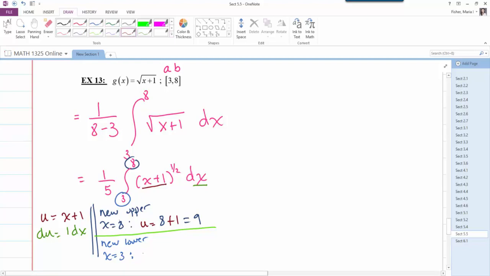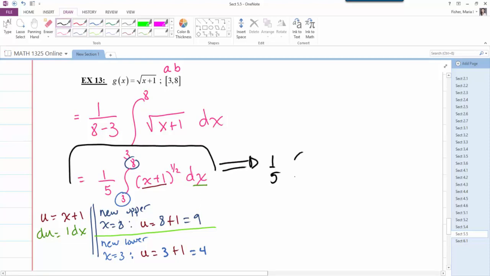Therefore, we're looking at u equal to 3 plus 1, and 3 plus 1 is going to equal 4. So this here is going to become 1/5 times the integral from lower limit of 4 to upper limit of 9 of x plus 1, recall, is u raised to the 1/2 power, and my dx is just my du.